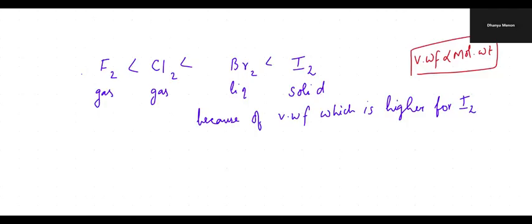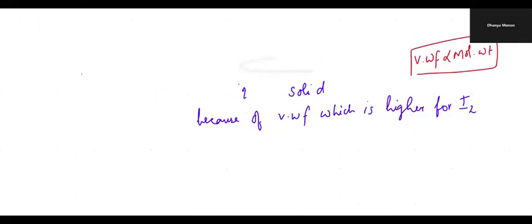Now, coming to another condition, van der Waals force is directly proportional to boiling point. Suppose between any two molecules, the van der Waals force is more, that means the boiling point will be more.